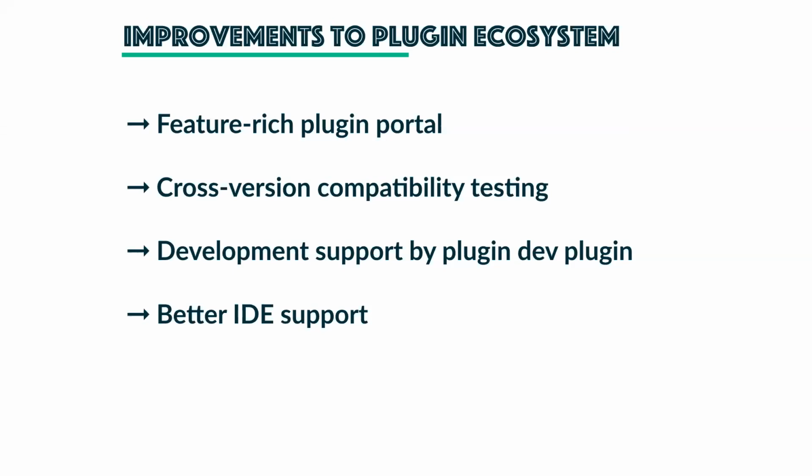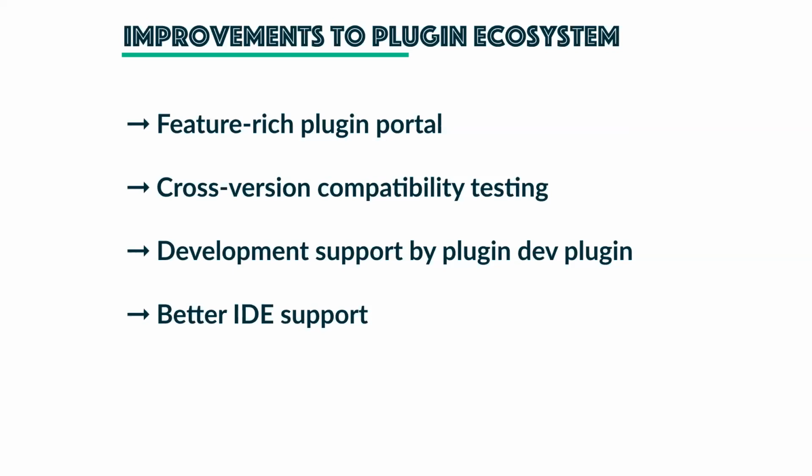I already mentioned cross-version compatibility testing. For example, if you wanted to make sure that your plugin is compatible with Gradle 3, 4, and 5, or any version in between, then you would have to write some sort of testing for that, usually for yourself. But I could envision this to become functionality that is already part of the plugin portal.